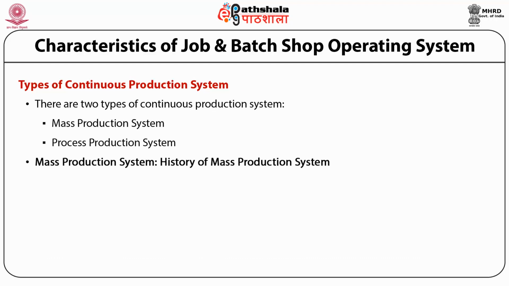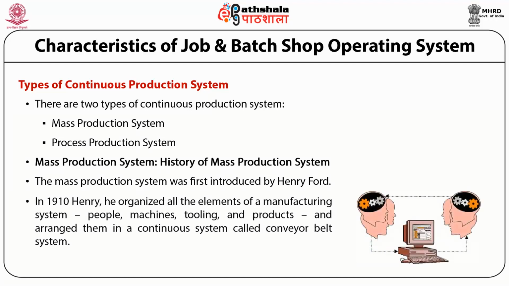Mass production system. If we go with the history of mass production system, mass production was first introduced by Henry Ford. In 1910, Henry Ford laid the foundation of the first highly organized assembly line system of automobile manufacturing. He organized all the elements of a manufacturing system, people, machine, tooling and products, and arranged them in a continuous system called conveyor belt system.